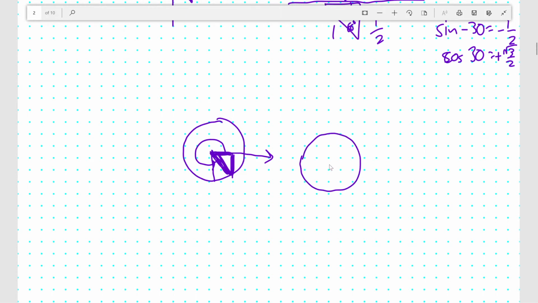And you can also go into the negative realm by rotating clockwise instead of counterclockwise. So like negative 120 would take you to a triangle here.